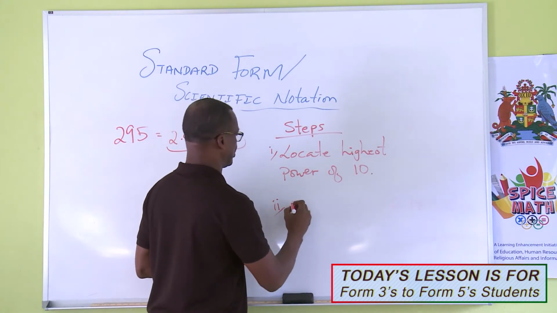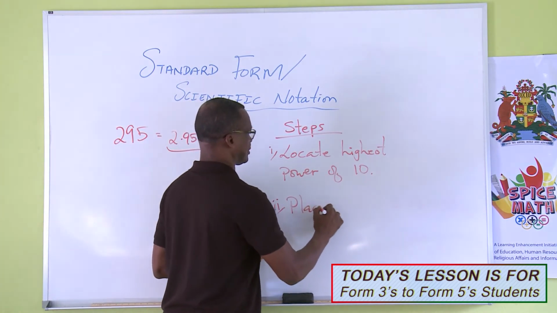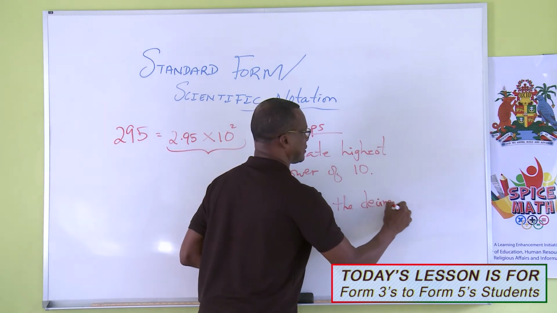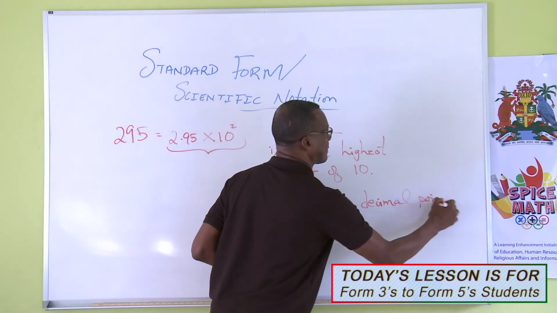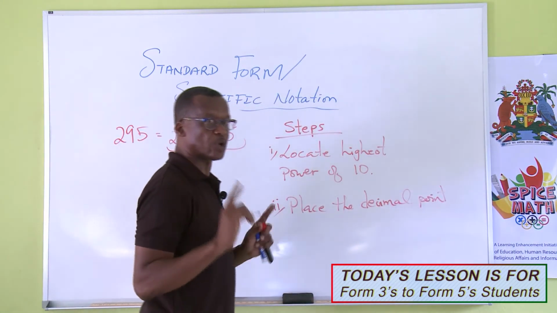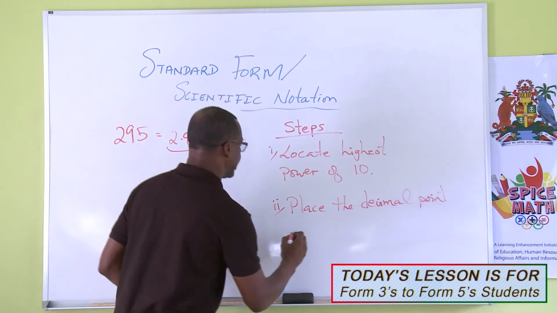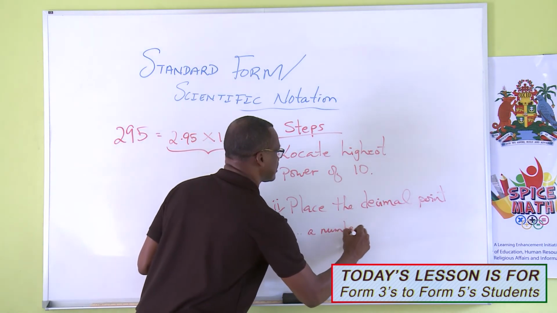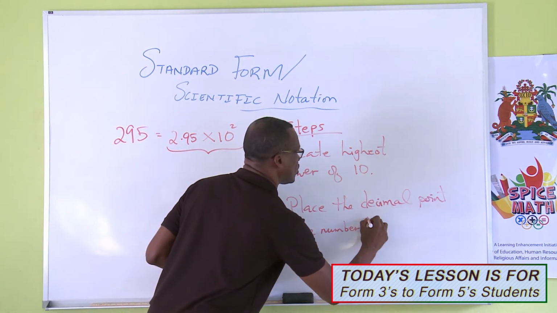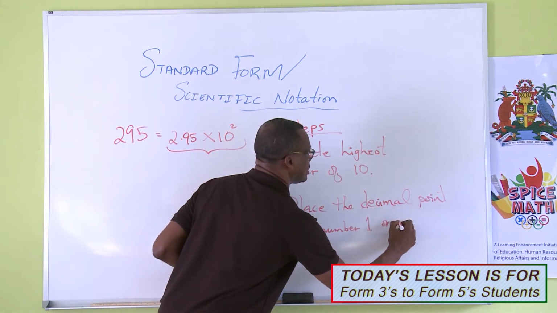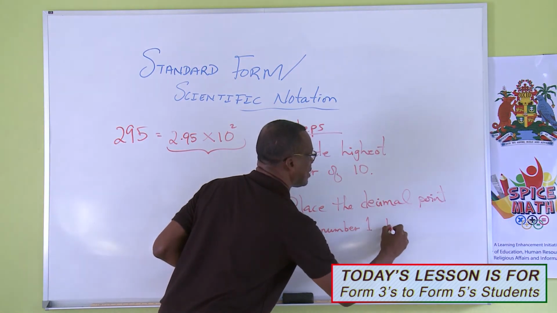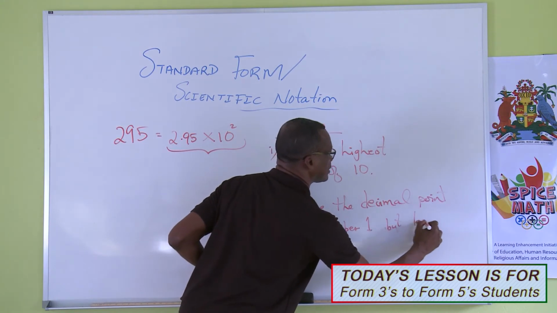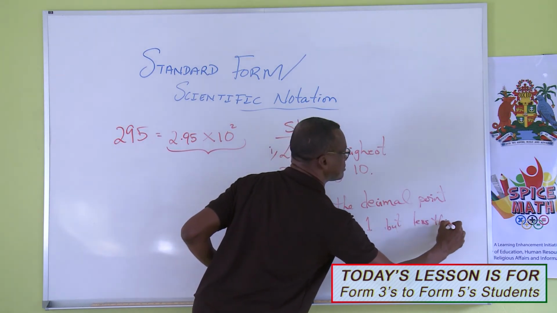And step 2, place the decimal point so as to create a number that's equal to 1 but less than 10.